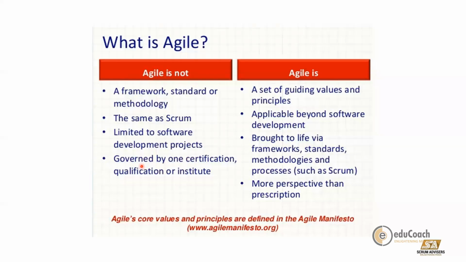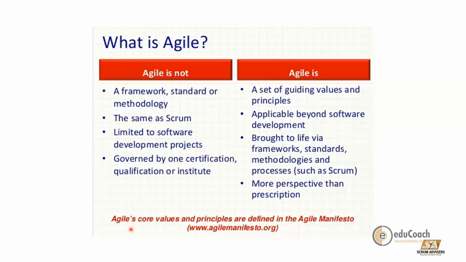It is not governed by one certification, qualification, or institute. Agile is a set of guiding values and principles, applicable beyond software development, and it is brought to life via frameworks, standards, methodologies, and processes such as Scrum. It's more a set of guidelines than a prescription.